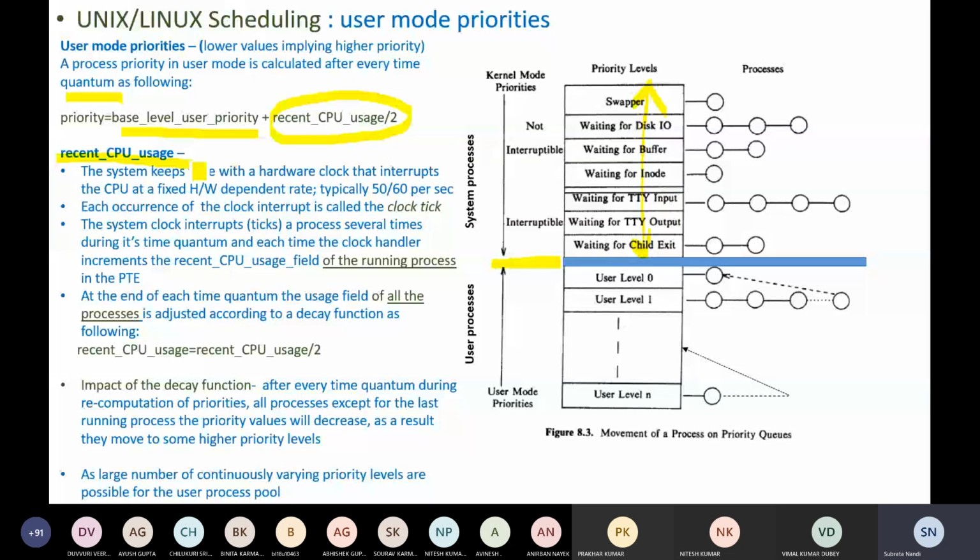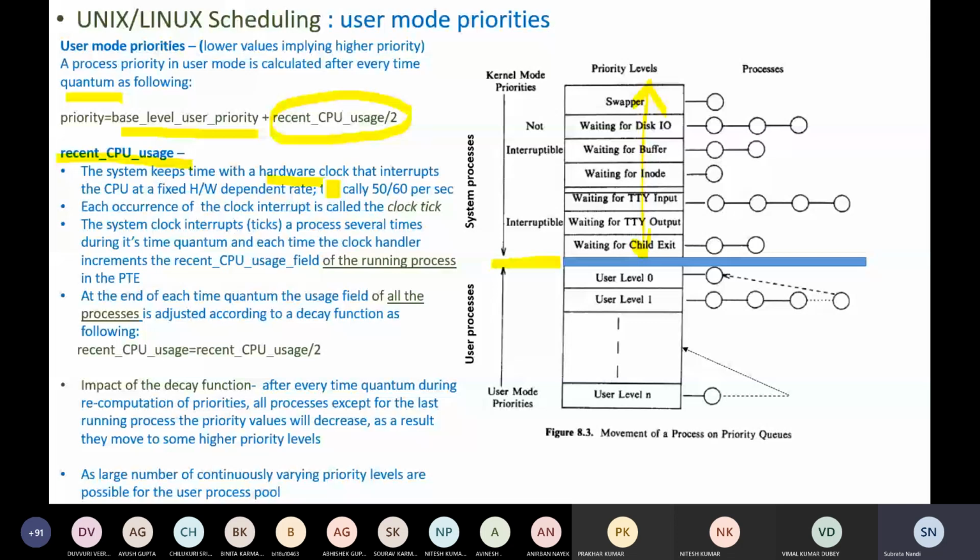There is a hardware clock installed in every computing system, and that clock ticks. Ticks means the clock oscillates, and per second it generates clock interrupts 50 or 60 times or maybe 80 times.